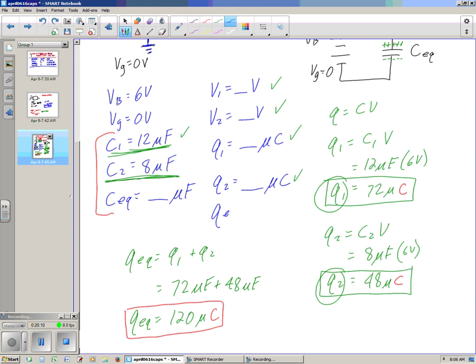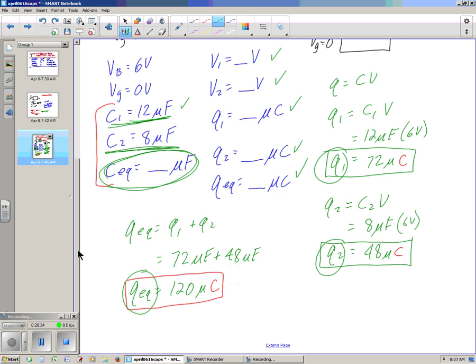Q equivalent equals how many microcoulombs? We calculated that over here. So we've done everything we've needed to do except for one, and that is, what is the value of that equivalent capacitor? Is it 20? Is it the sum of them? Is it the difference? Do you divide one by the other? All good questions. So let's see what we need to do.